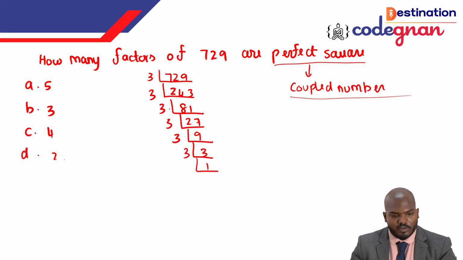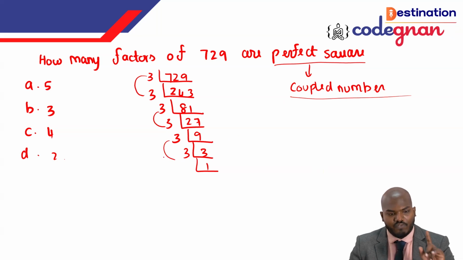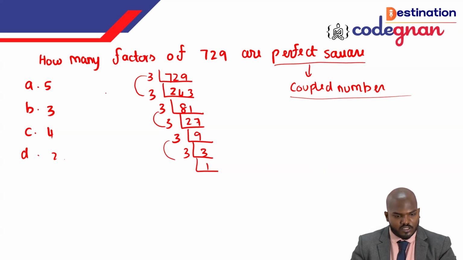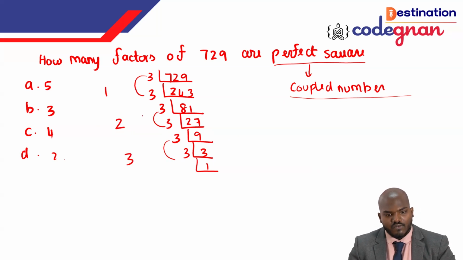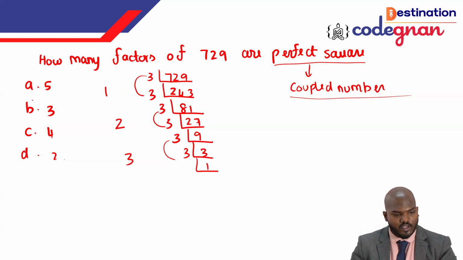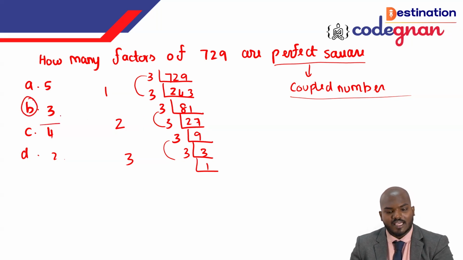Let me see how many couples there are. This is one couple, this is one couple, and this is one couple. We have 3 times 3 here, so that is a total of 3 factors. This is 1 factor, this is 2, and this is 3. We have 3 factors with the same number, which gives a perfect square. So option B is the correct answer here.